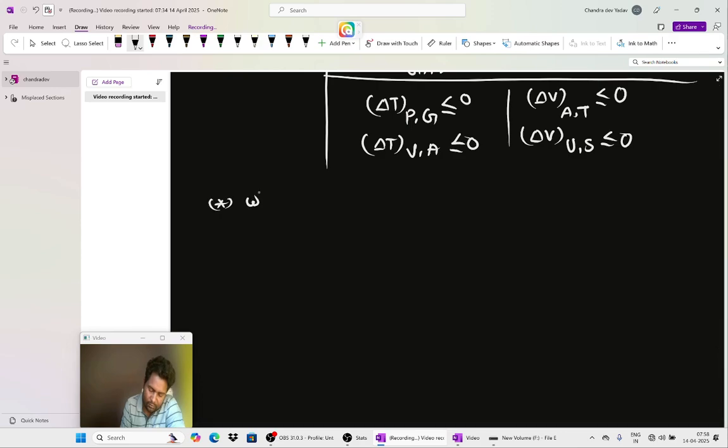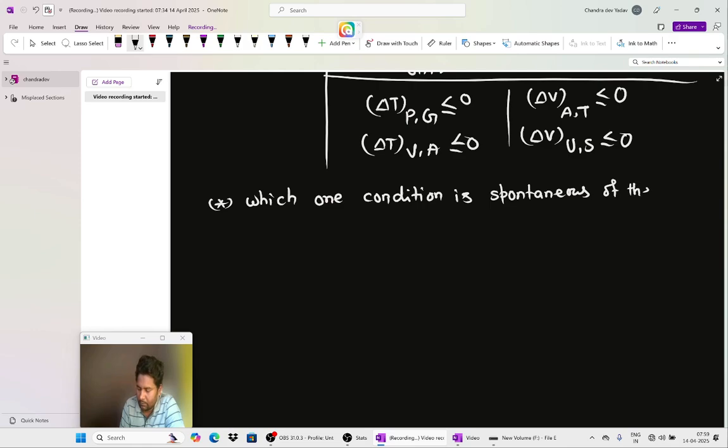A question: which one condition is spontaneous for thermodynamical processes?